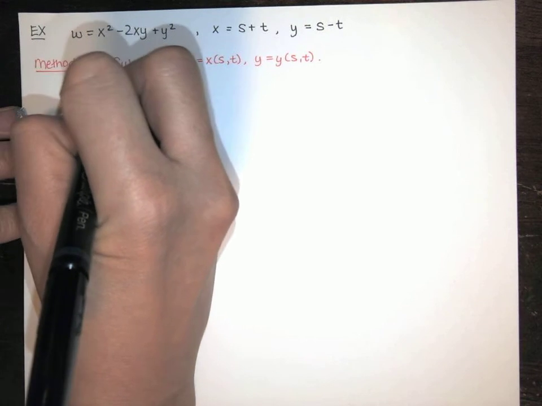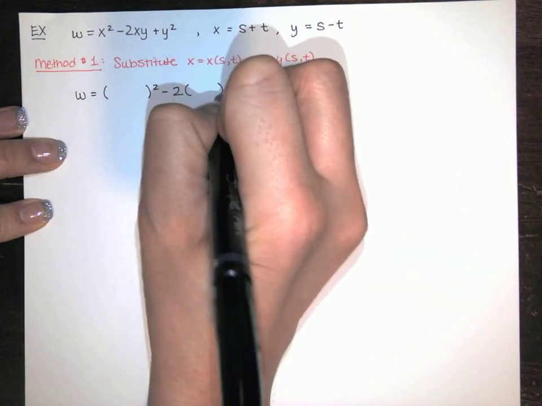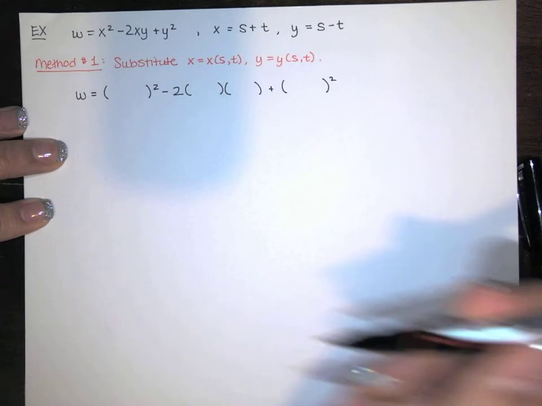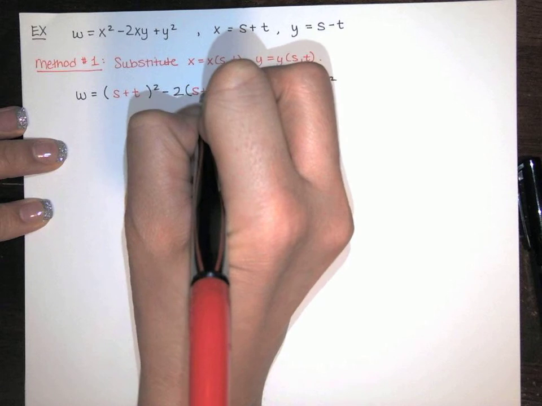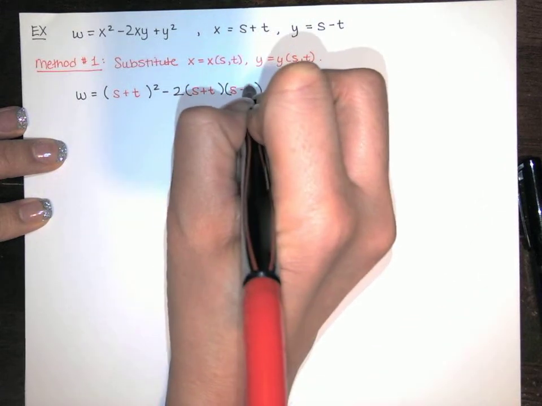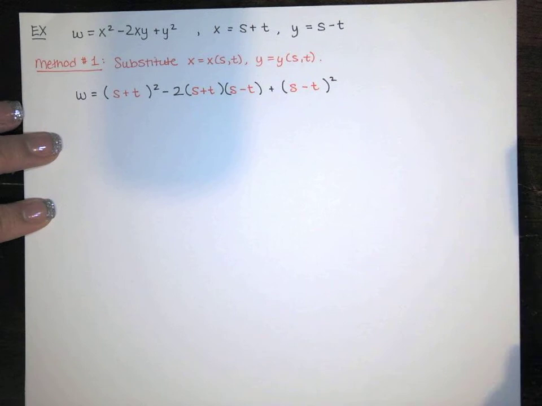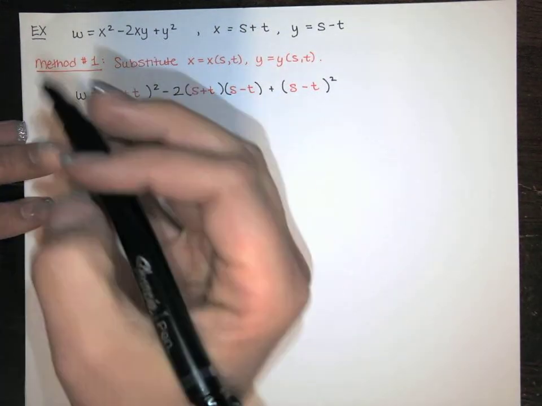So my w is x squared minus 2 times x times y plus y squared, and x is s plus t, and y is s minus t. And so after the substitution, w depends only on s and t.